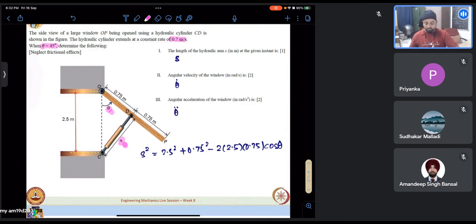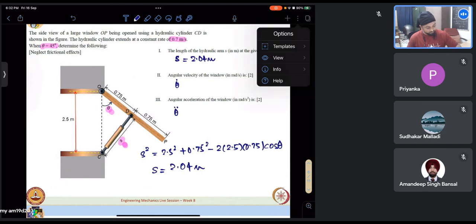So S comes out to be 2.04 meters. If we calculate this, S is 2.04 meters.